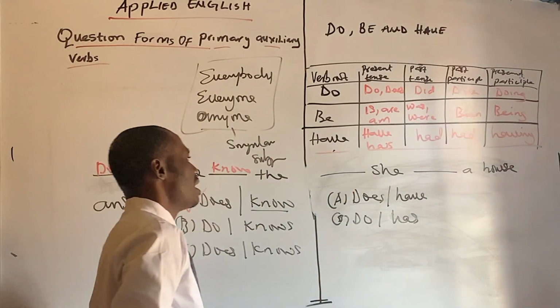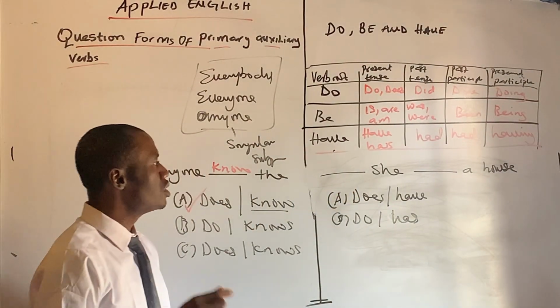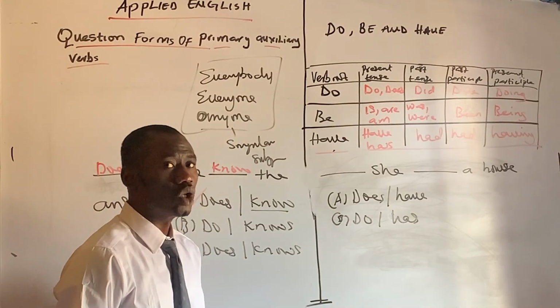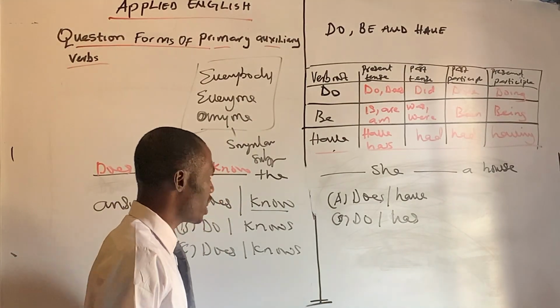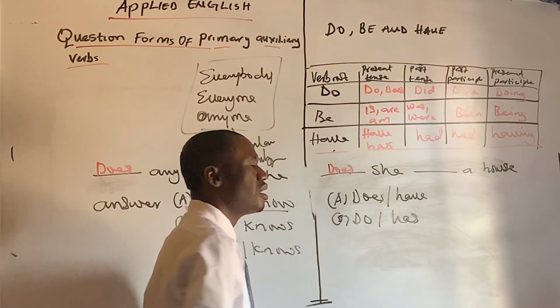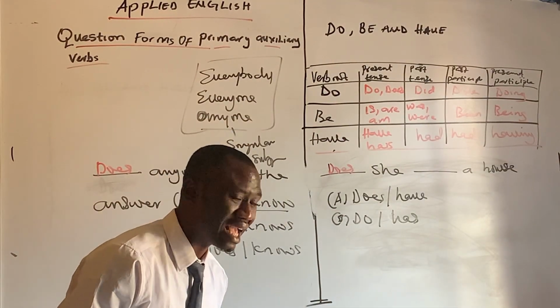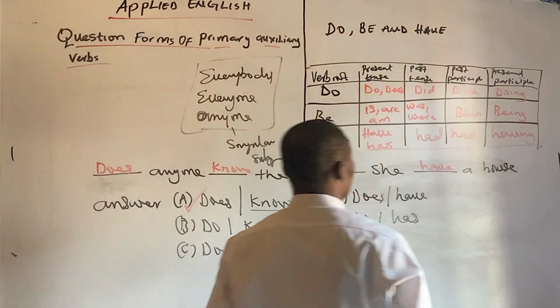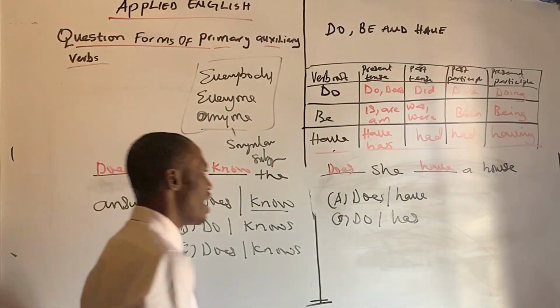Let's look at this. The answer will be "does she have a house?" Not "do she have a house?" Are you following now? So this will become "does she have," not "has a house." Have a house. Does she have a house?